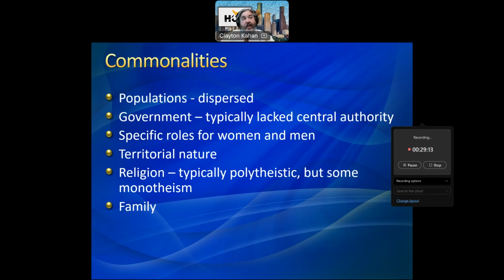Those that had monotheistic cultures tended to assimilate easier than those that were polytheistic. But again, it's just a tendency. It's not a hard and fast rule, if you will.